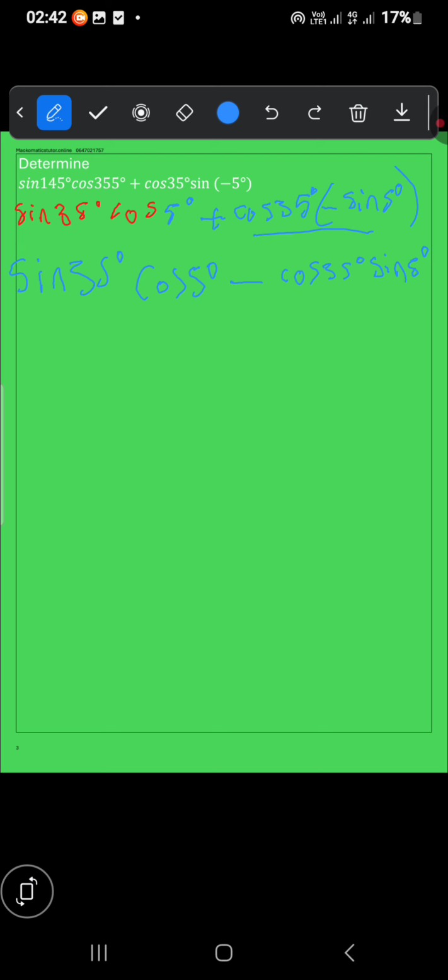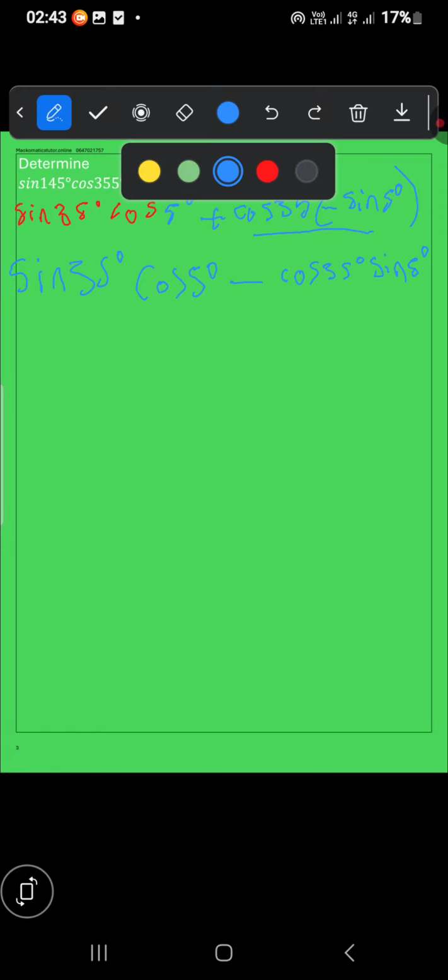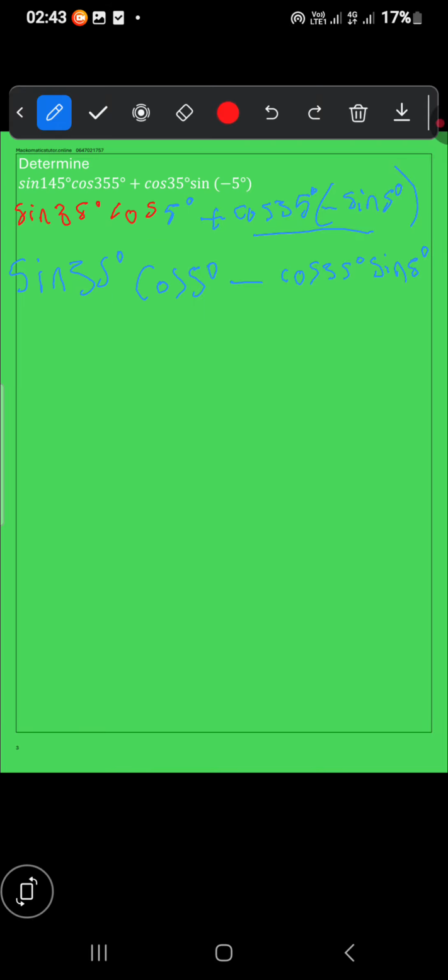I reverse it because this is cosine, cos. Therefore, I must take it back. This is the same as sine of 35 minus 5 degrees. So with sine, if you are subtracting the trig ratios, you also subtract the angles.